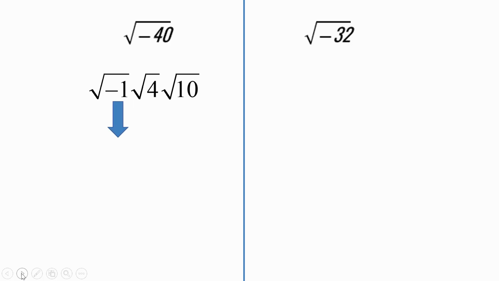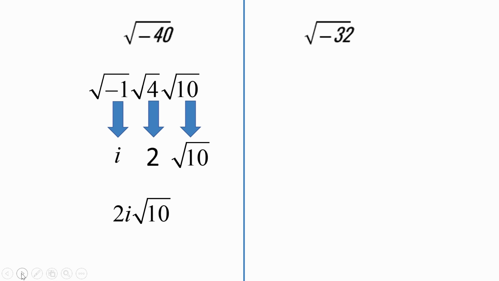So the square root of -1 is i. The square root of 4 is 2. And the square root of 10 is simplified simply as the square root of 10. I'm just going to rearrange this and say 2i square root of 10. You tend to put the i in front of the square root just so there's no mistake that the i is underneath the radical.